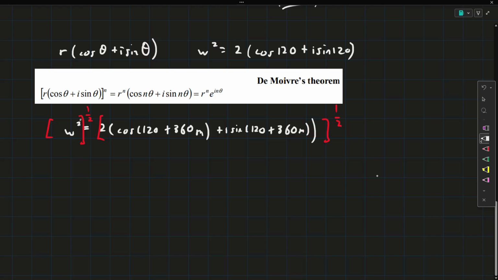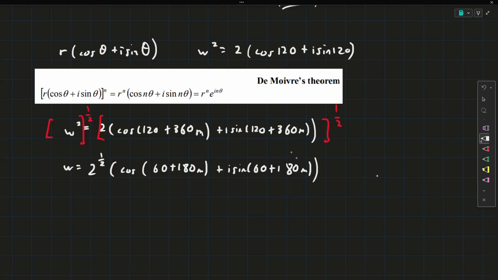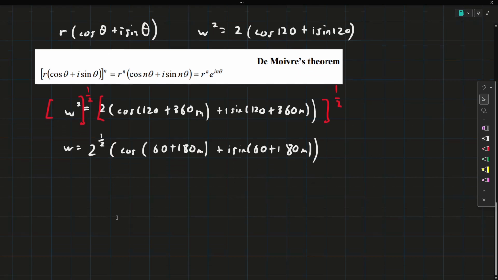So then w squared to the power of a half just gives us w equal to 2 to the power of a half, or the square root of 2, times cos, and then we're halving the angles. So we'll get 60 plus 180m plus i sine of 60 plus 180m. And we're going to look for two answers because we had w squared.